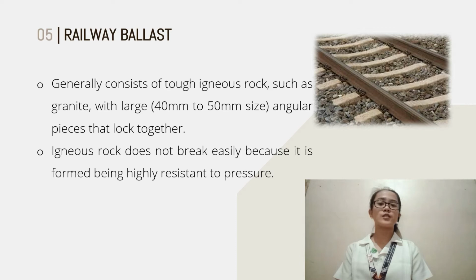So this is the reason why railway ballast generally consists of tough igneous rock such as granite with large angular pieces which are 40 to 50 millimeters in size that lock together. Because igneous rock does not break easily, as it is formed highly resistant to pressure.